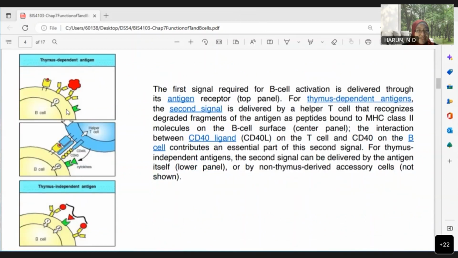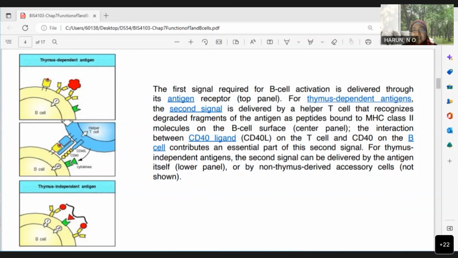Okay, as you can see, this is what we have here. We have two types of antigen: thymus-dependent antigen and thymus-independent antigen. The first one is how the B cells start to be activated by recognizing the T cells.